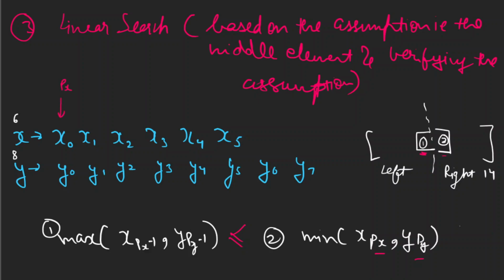So this is px, and if the 0 is px, then 7 minus 0 is going to be 7, so py is going to be this one, right?